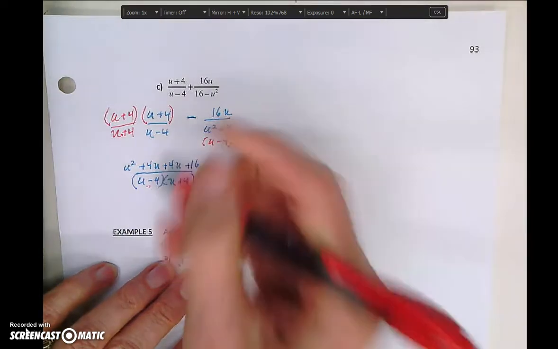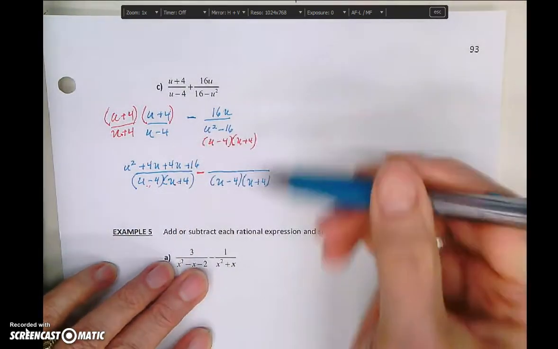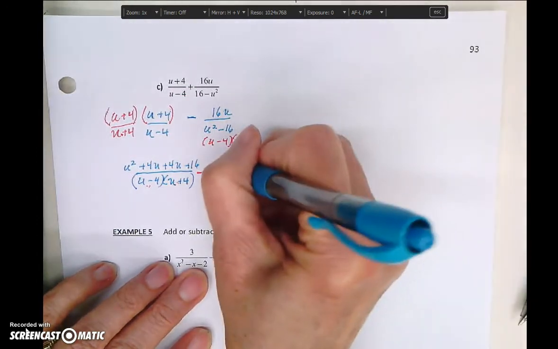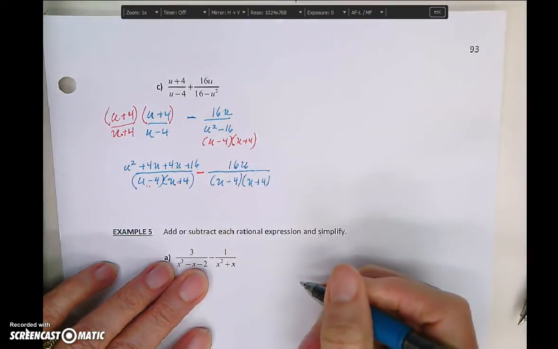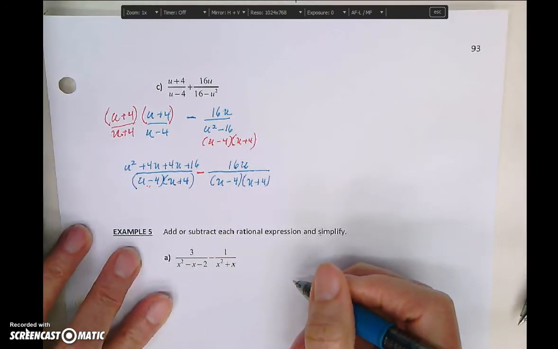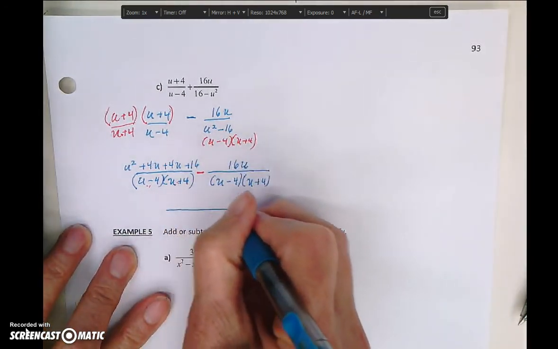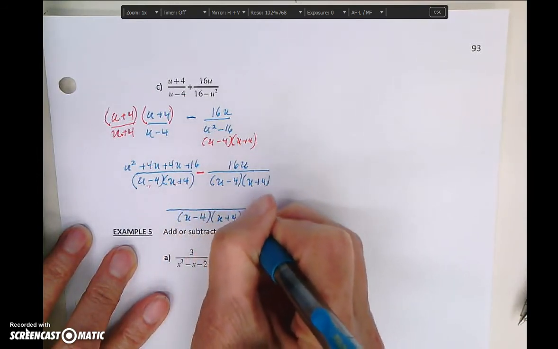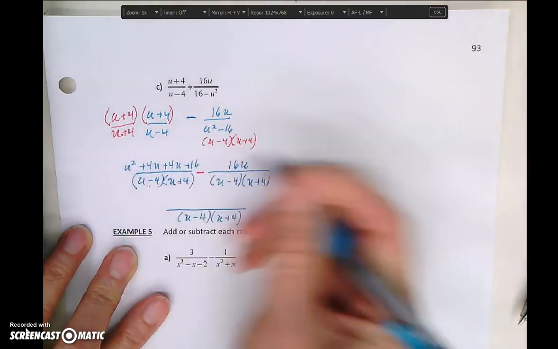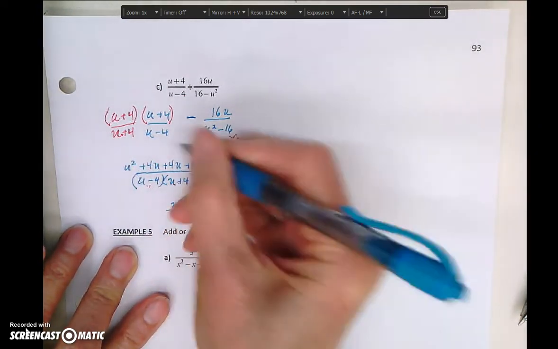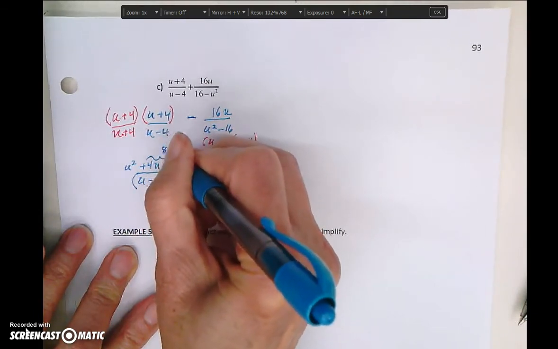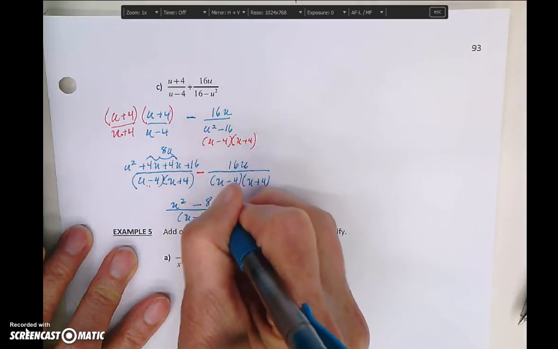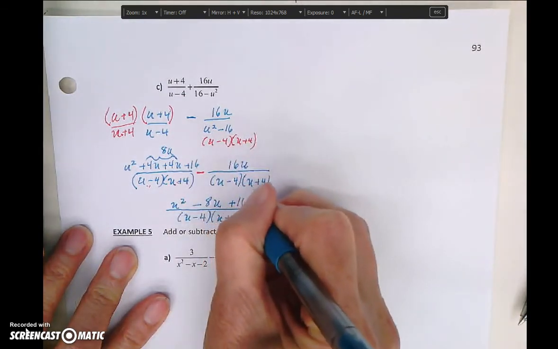And I've got this minus sign. I'm going to put it in red so I don't forget it. And then here, oh, nothing changes, does it? So I can keep the 16u. All right, so now I'm ready to subtract and combine them. So I have u minus 4, u plus 4. And up here I have u squared. This is 8u. And then minus 16u gives me a negative 8u, and then plus 16.